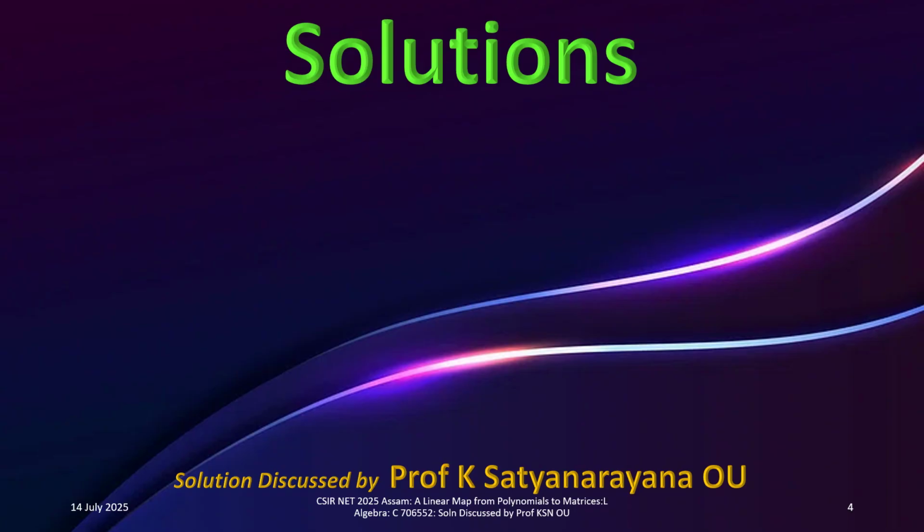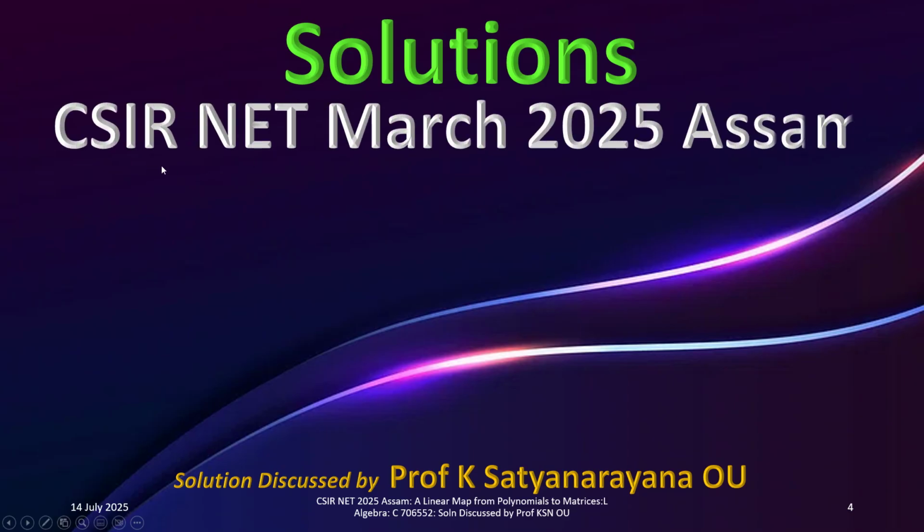We continue the discussion of the solutions of the problems that have appeared in the CSIR National Eligibility Test held in the month of March 2025. This is a rescheduled examination for Assam Center.